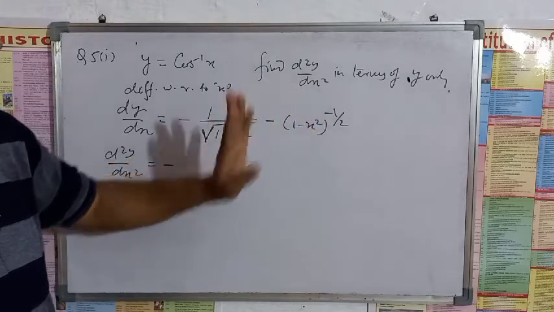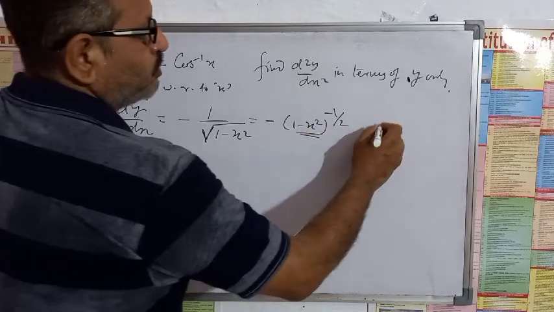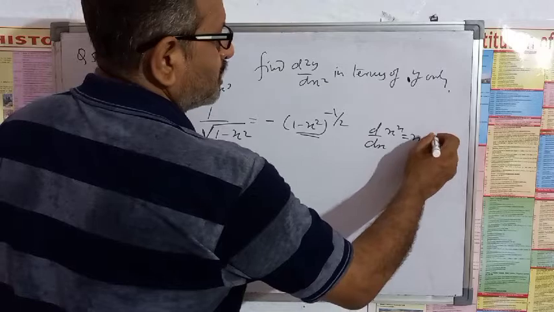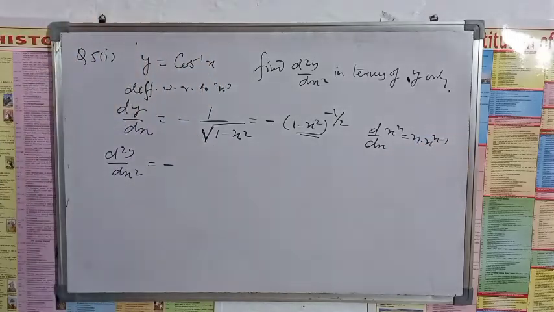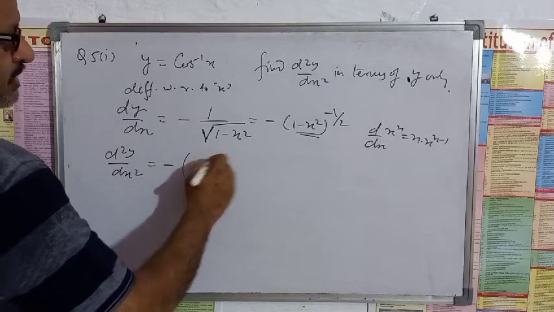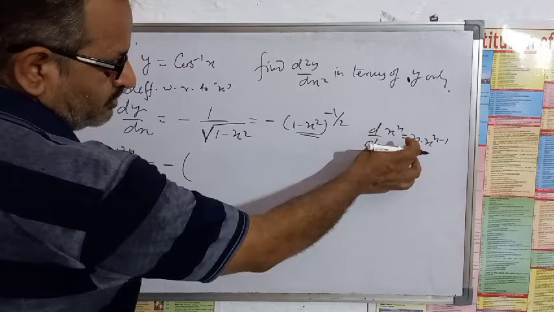Take it upside, it will be minus 1 by 2. When we differentiate it using this formula, n into x to the power n minus 1, suppose 1 minus x square is x, and n is minus 1 by 2.